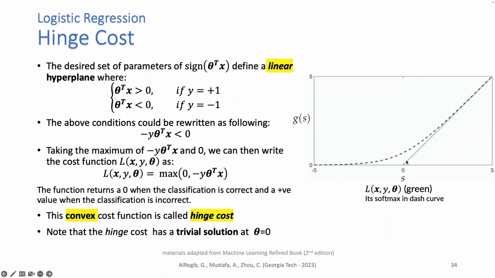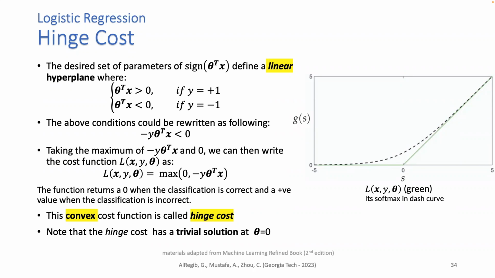After that, the negative y times theta times x will be the max. So this will be my cost function, the green one. It's 0, and then at this point it becomes linear, which is theta times x. Any questions about this? Okay.